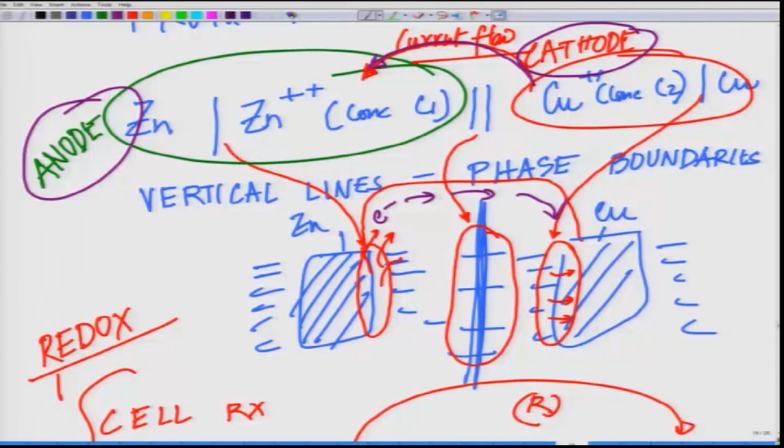Please remember this fundamental: the flow of current and the chemical changes at the electrode continue as long as the circuit is closed. The chemical action ceases when the circuit is left open and there would be no flow of current. Obviously, if you disconnect the circuit, there won't be any flow.